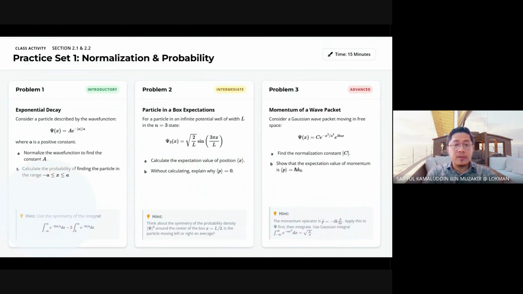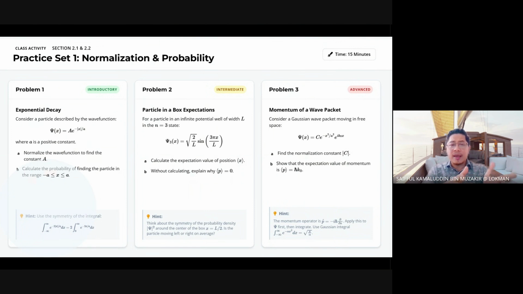So let us try practice number one, normalization and probability. At this point, I want you to treat normalization as more than a mathematical condition. It is actually what makes probability meaningful. In these problems, the aim is to check whether a wave function makes physical sense and whether the total probability equals 1.